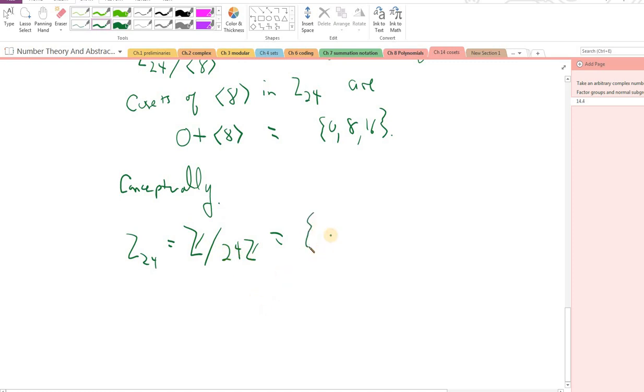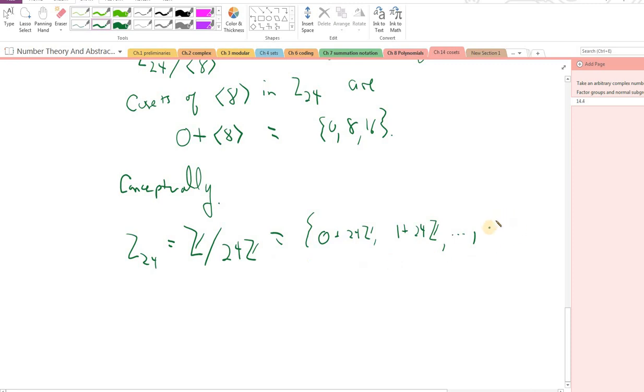So this is equal to 0 plus 24Z, 1 plus 24Z, dot, dot, dot. How many are there? What's the last one? Would it be 20? I don't know. 23.